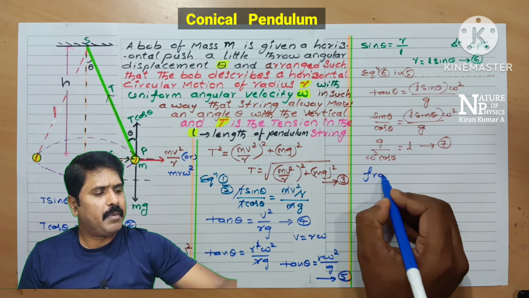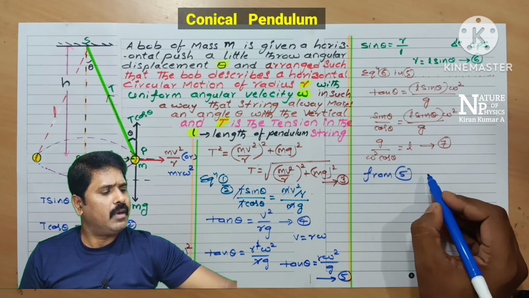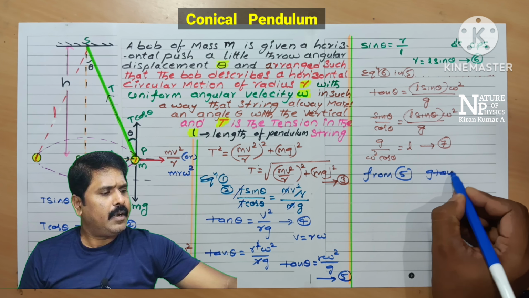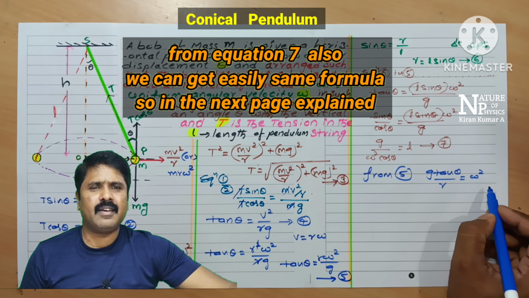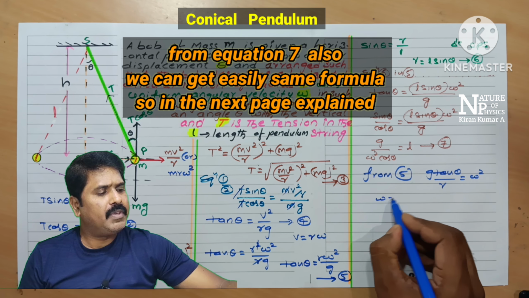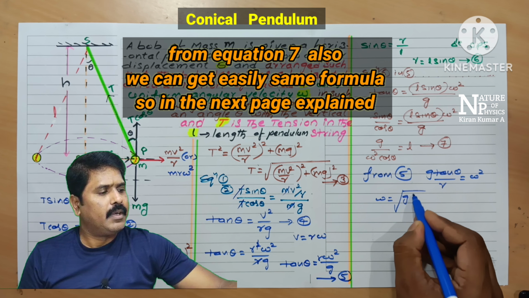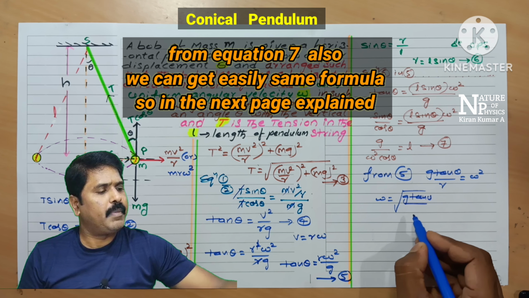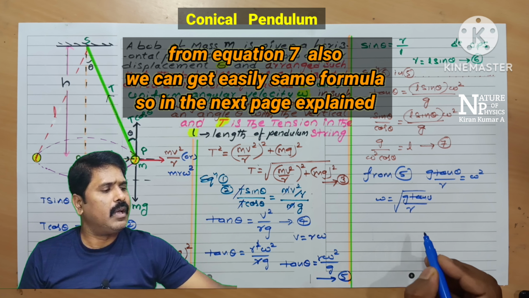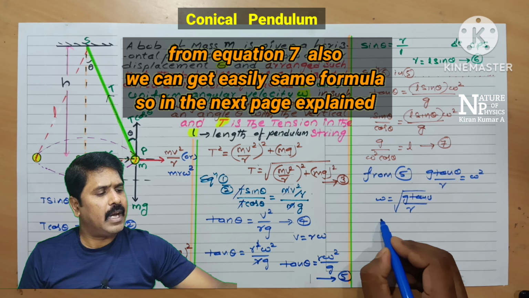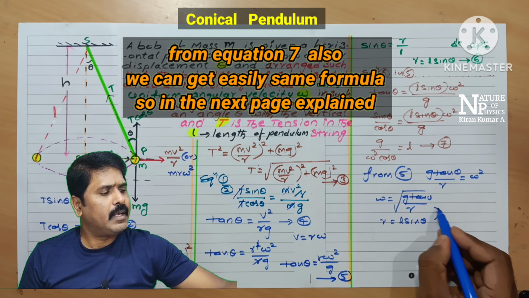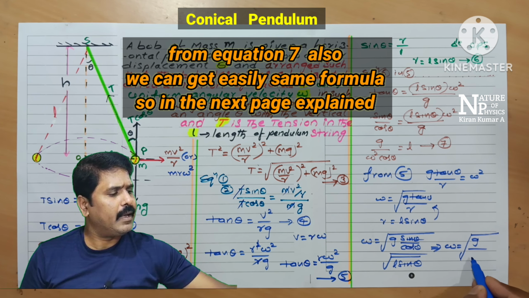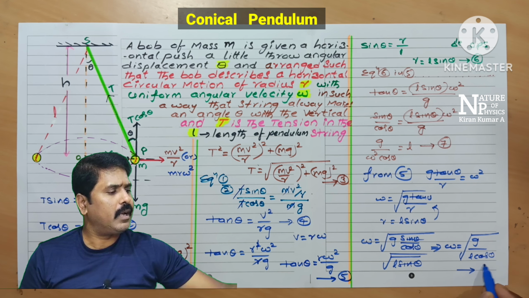From equation number 5, g tan theta divided by r is equal to omega square, and omega is equal to root over g tan theta divided by r. Also, r we can replace, r is equal to L sin theta. Replacing in the above equation, we get root over g divided by L cos theta. This I can write as equation number 8.